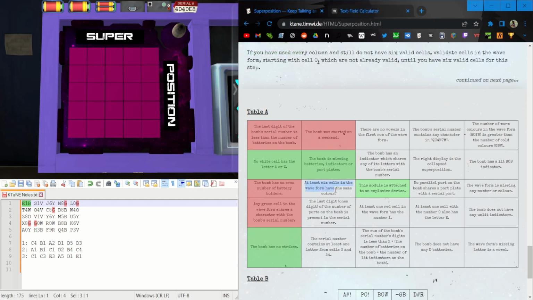At least 6 cells in the waveform have the same color. Let's clear the marks again. There are 7 colors. You can count them, but I'm going to use the mark function. I've been saying it's the search function, but I'm also using the mark function in Notepad++. So we're going to find how many red cells we have. In this case, we only have 1 right here. We're going to keep doing this for all the colors. Orange, we have 2.